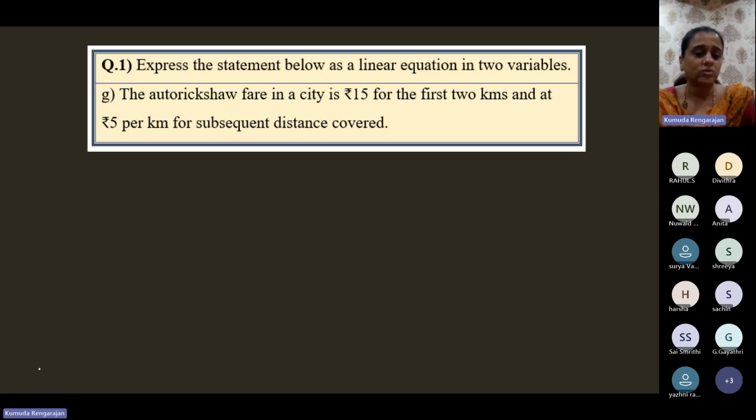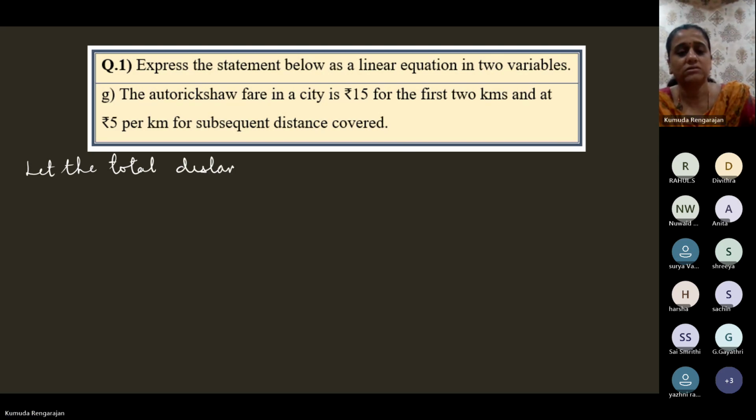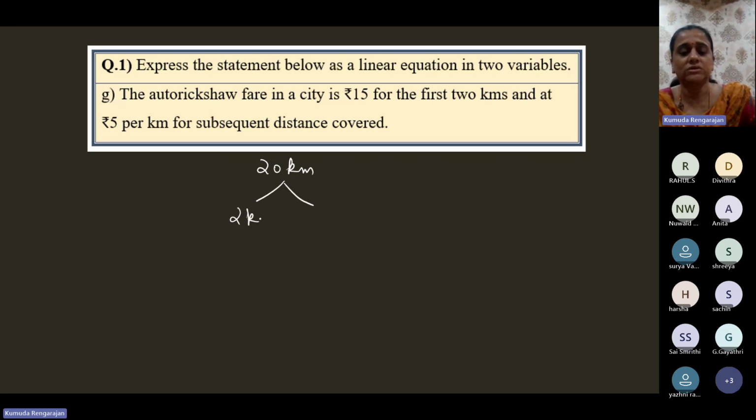Okay, before that, let me come back to this one. So 20 kilometers, 2 kilometers, 18 kilometers.